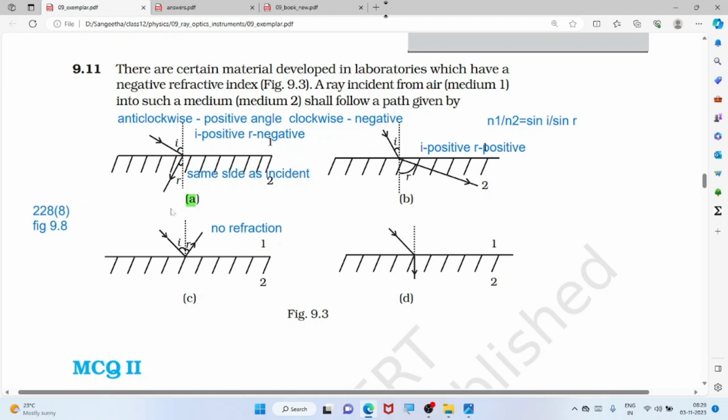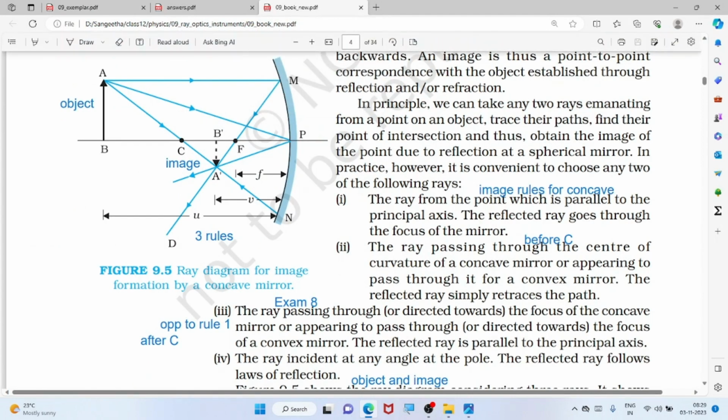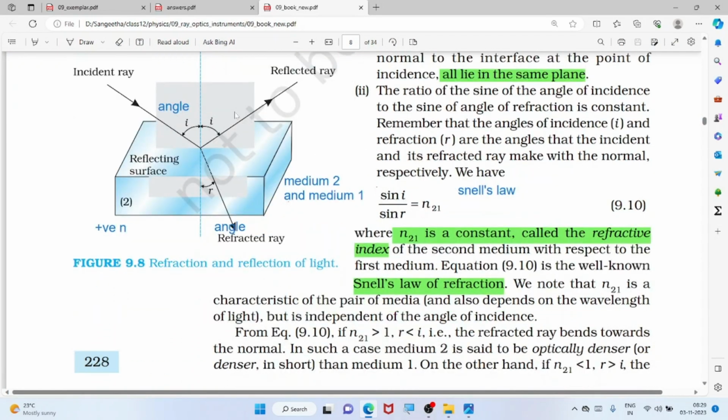the refracted angle is negative. Actually, if you take the normal case given in this book with a positive refractive index, you see the refraction is on the other side of the normal from the incident ray.